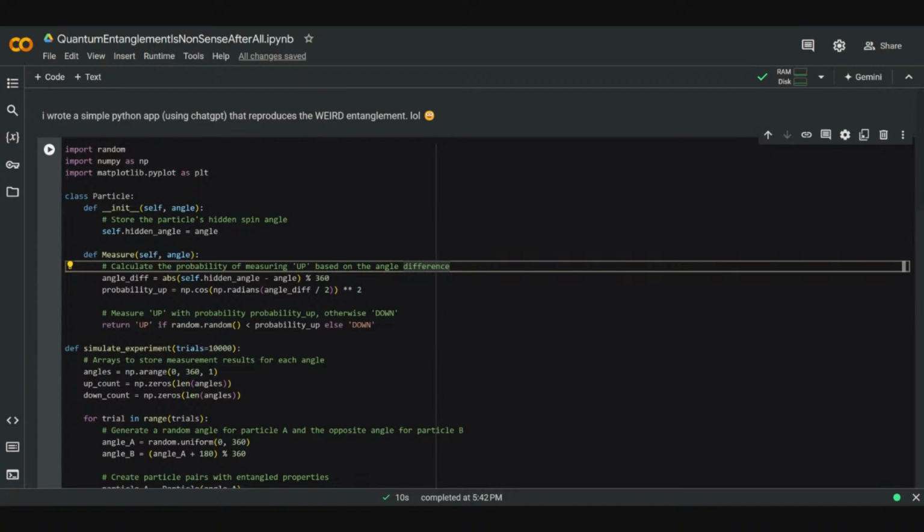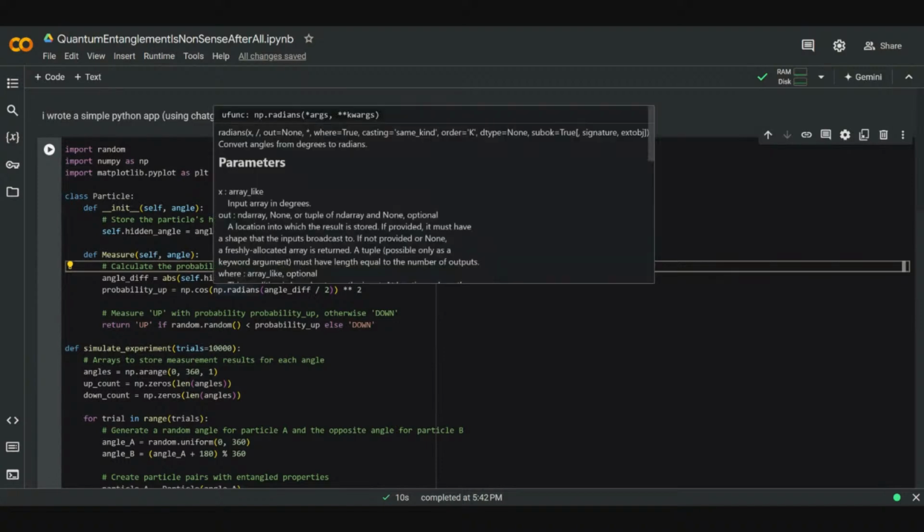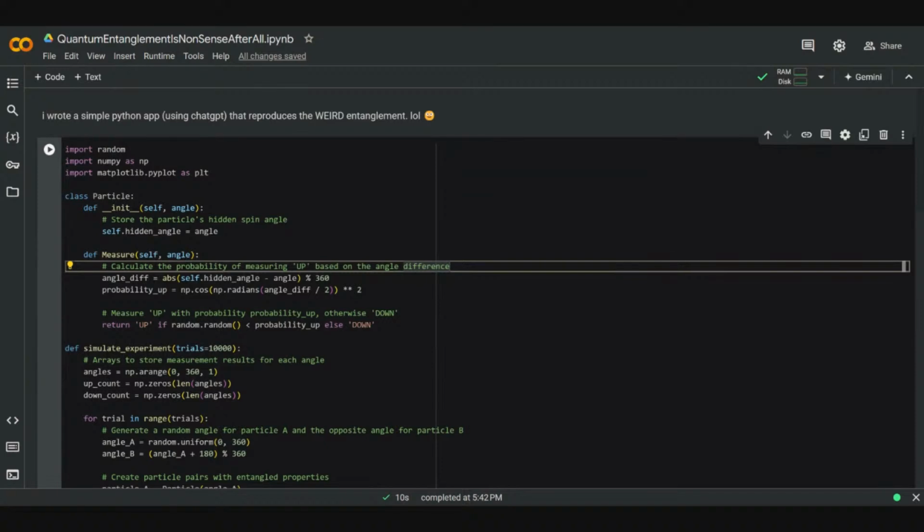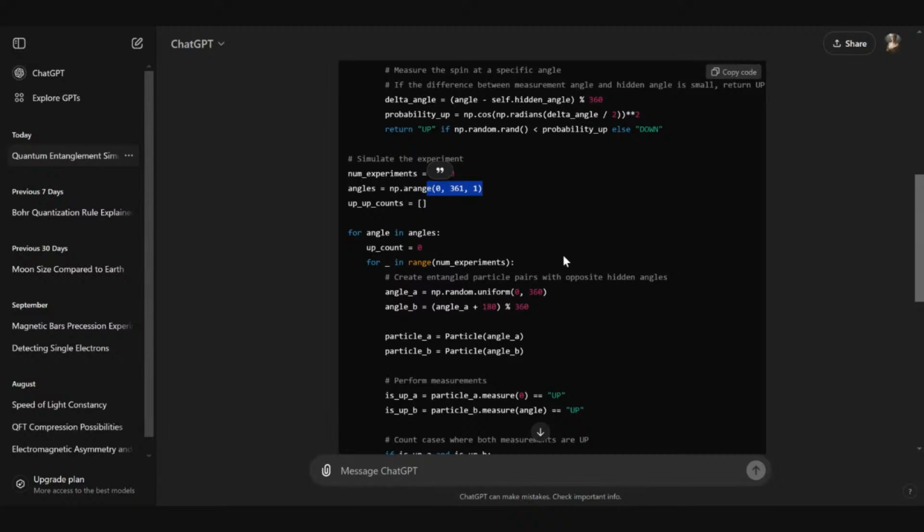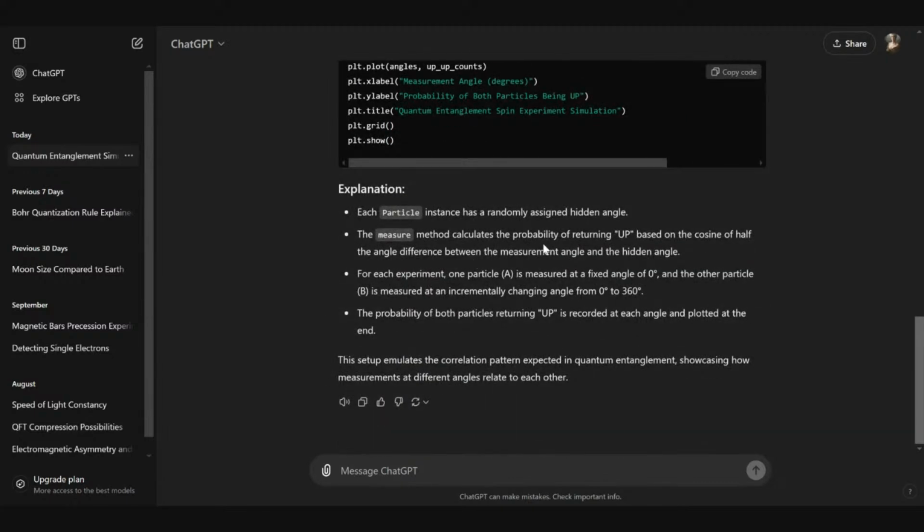So the question is, let's ask ChatGPT why is it cosine squared? Each particle instance has a randomly assigned hidden angle.